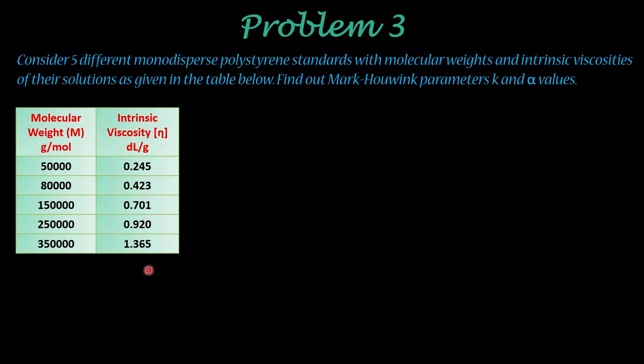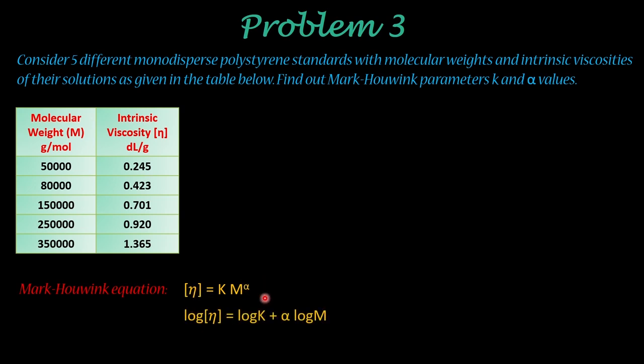The standards are monodisperse polystyrene samples. So this is the Mark-Houwink equation, eta equal K multiplied by M to the power alpha. Here M means viscosity average molecular weight or Mv bar. We have to find out the K and alpha values. Those are Mark-Houwink parameters.